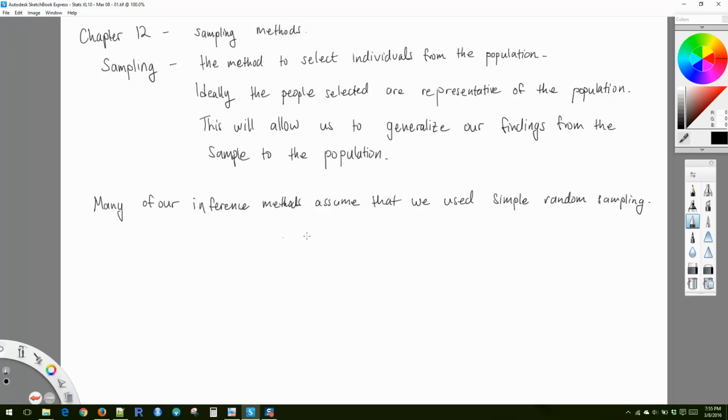Many of our inference methods assume that we used simple random sampling. So this is the sampling method that we have covered so far. Okay, so SRS, this is simple random sampling.